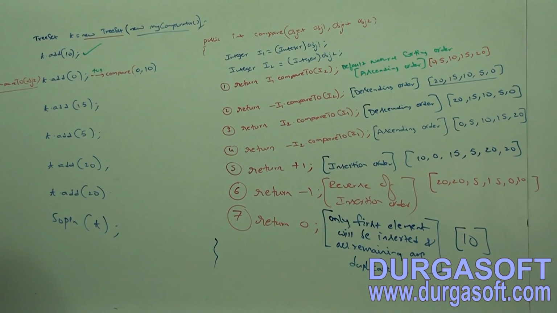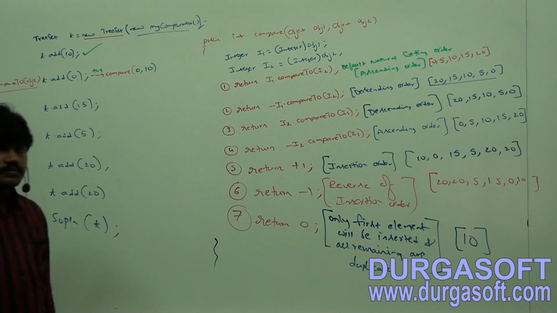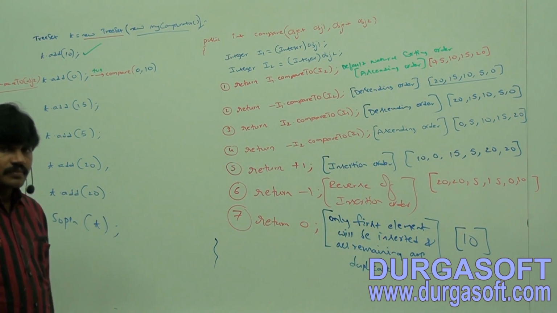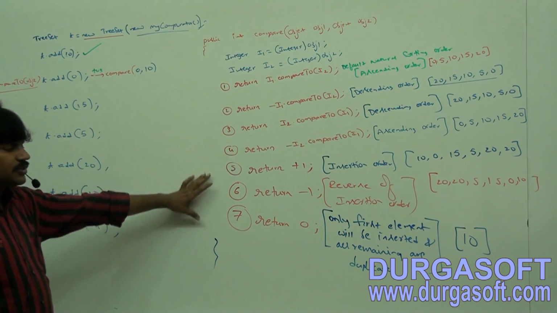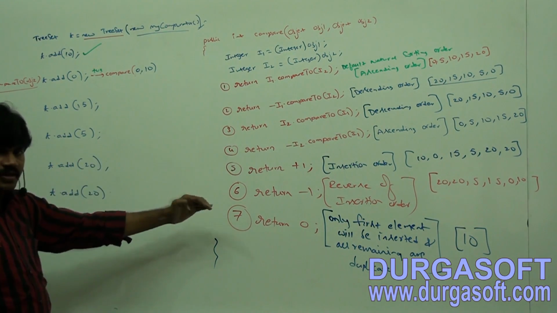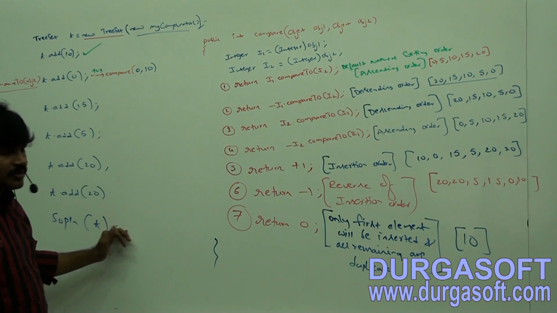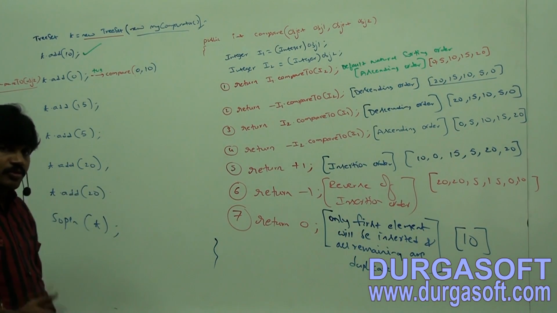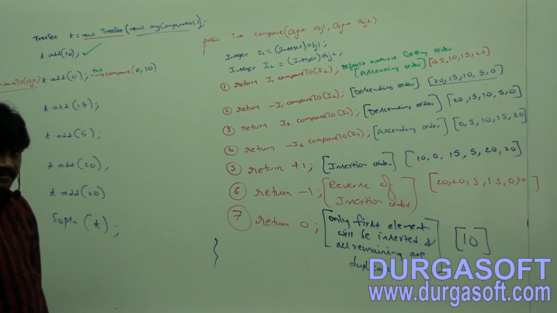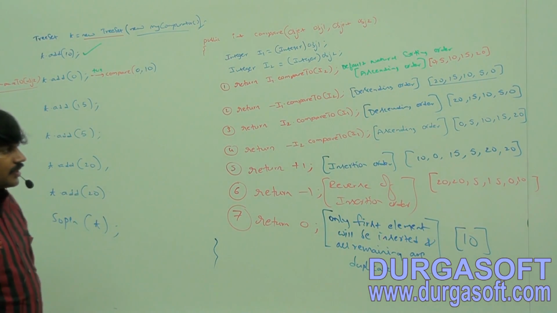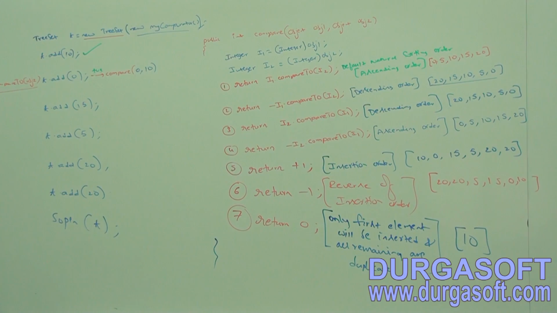Insertion order. Next, reverse of insertion order. Correct. If it is heterogeneous objects, based on our logic it is going to consider, because I am adding different types of objects, but I return plus 1, then all those things will be added. That rule I will explain. Take, these are various possible implementations of compare method.